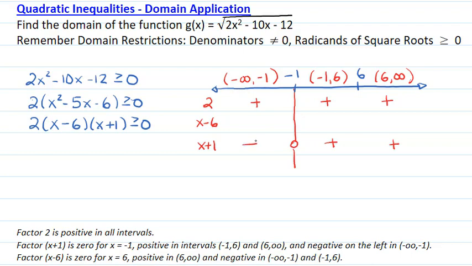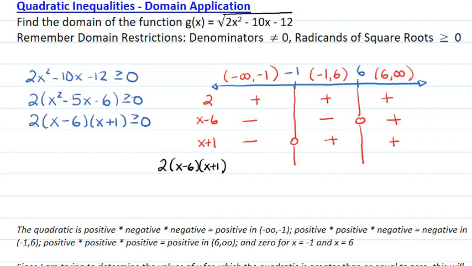Factor x minus 6 is 0 when x is equal to 6. It is positive in the interval 6 to infinity, and it is negative in the intervals negative infinity to negative 1 and negative 1 to 6. The quadratic is positive times negative, that gives me a negative answer in the interval negative infinity to negative 1.